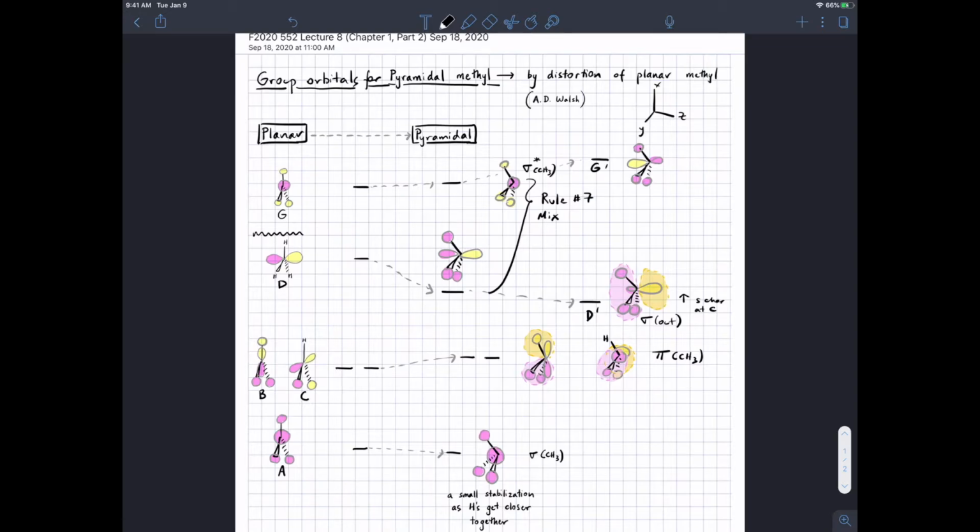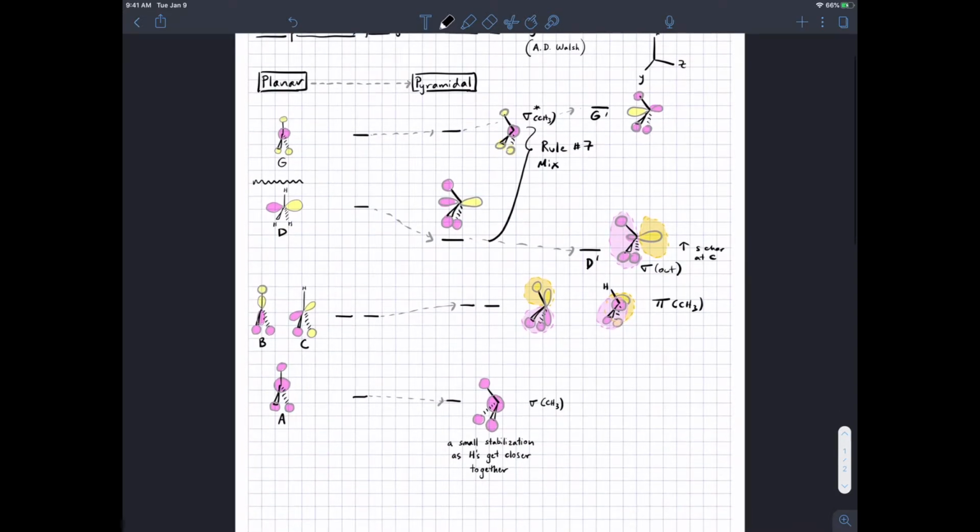This allows us now to do some things that previously we needed valence bond theory and VSEPR to do. So let's ask the question: why is CH3 plus planar, whereas CH3 minus is pyramidal?